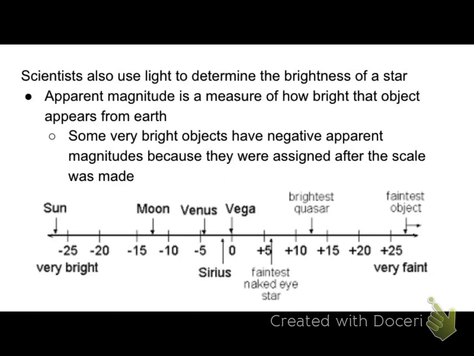And then the faintest object that you are able to see with the naked eye, so without a telescope or anything like that, is just above a magnitude 5. So anything that is less bright than that in our sky, you wouldn't be able to see unless you had a telescope.